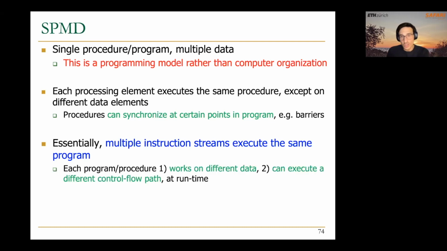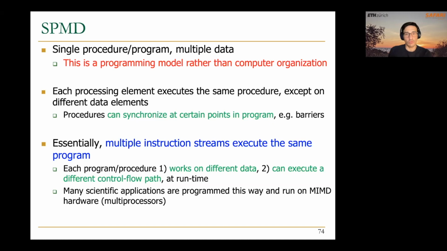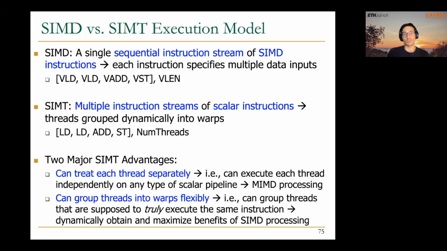Each program, or each procedure, I prefer to call it thread, works on different data and can execute different control paths, as I mentioned before. So this facilitates programming because it gives programmers the impression that the code is going to be executed on a MIMD machine, even though it's going to be executed on SIMD hardware.